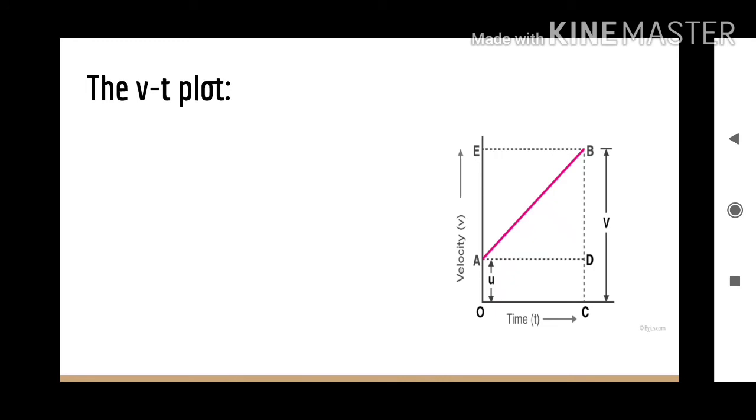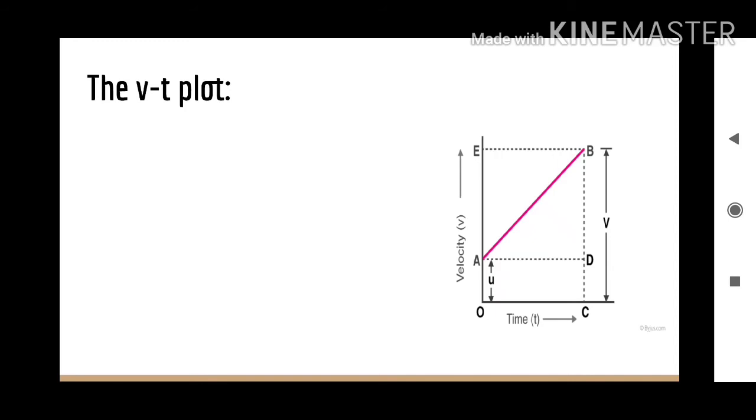In the beginning the object was moving with some initial velocity u. That initial velocity, from the point of origin O, was at point A. That is why the graph starts from point A. The initial velocity when time was 0 was equal to u.